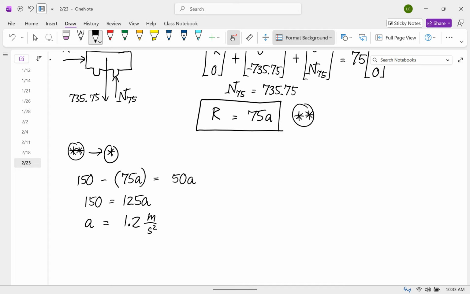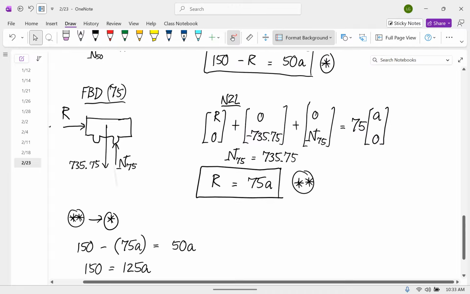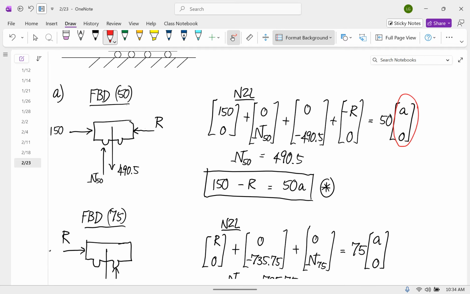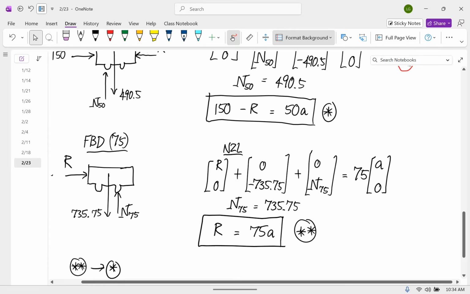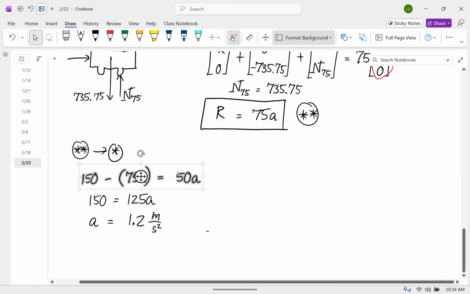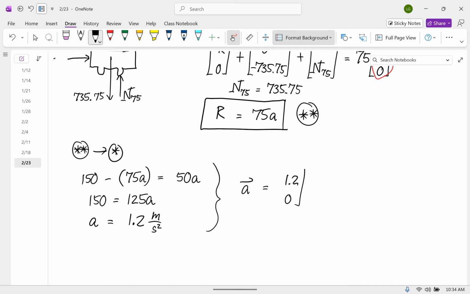And that's not an acceleration vector. That's just a variable value. But we've already said that the acceleration vector of each of these is, we already specified this is the acceleration. All we have to do is figure out what A is. And so now you can plug it in, and you get that the acceleration vector is equal to 1.2, 0.